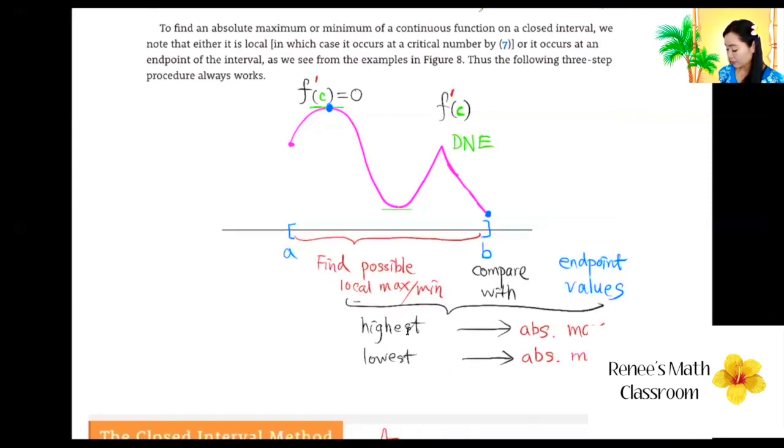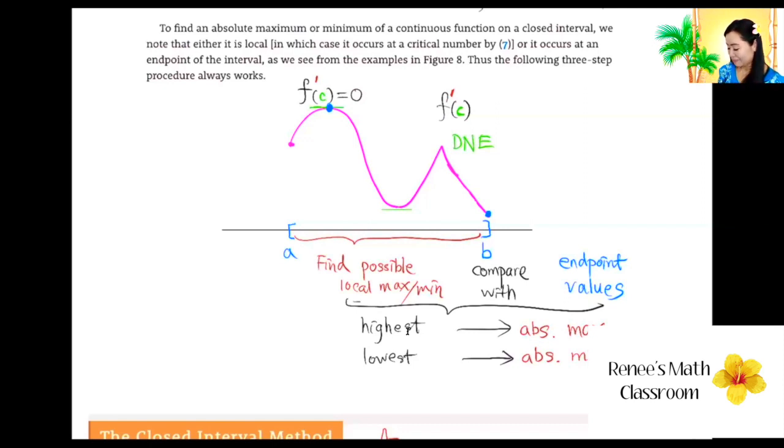And then you compare those function values with the endpoint function values. The highest one is the absolute max, and the lowest one is the absolute min. Think about it like having a competition, right? Locally at your school, you might be the number one.